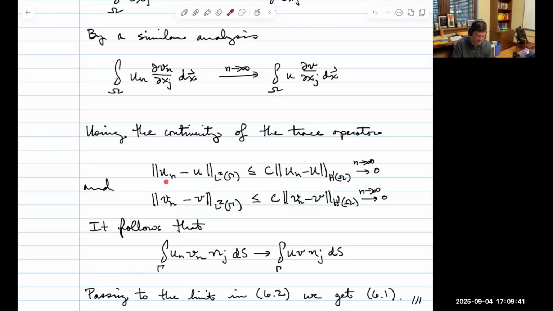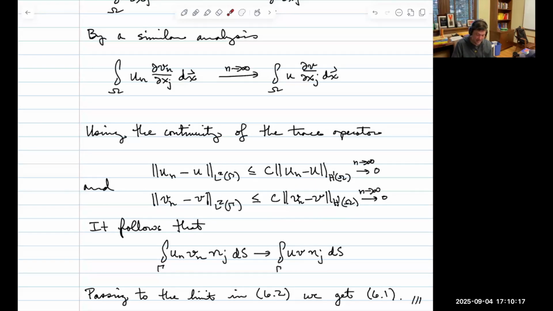We usually drop the gamma for the trace operator, because it's understood the boundary values go by the same name. But notice that I'm now measuring them in the norm for the function space on the boundary, L2(Γ). Likewise, I know that v minus v_n is an H1 function. It has a boundary trace, and I also have this continuity of the boundary trace operator.